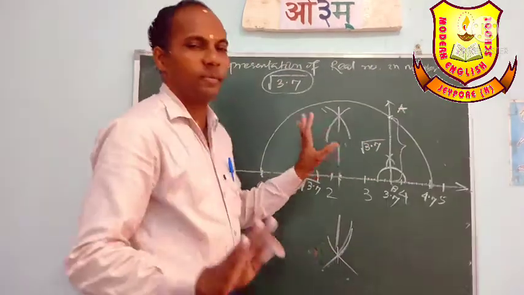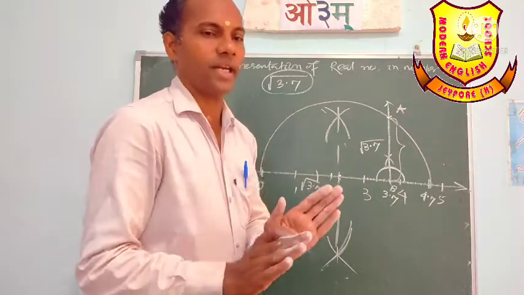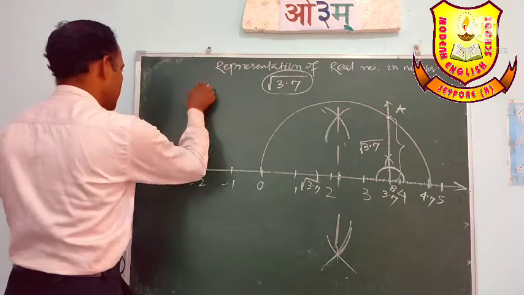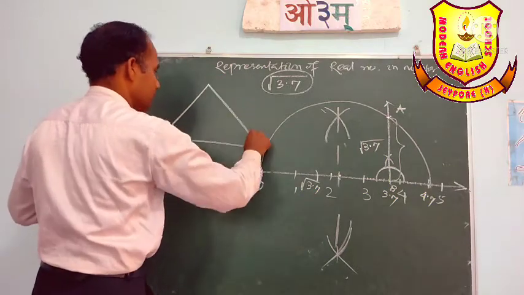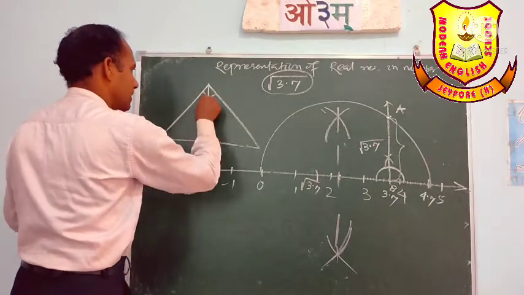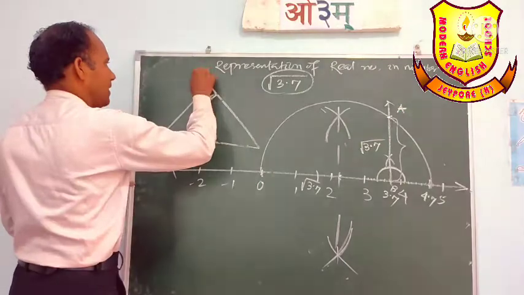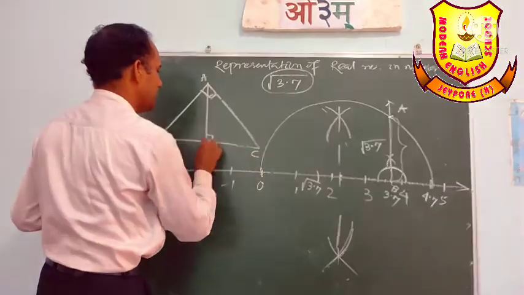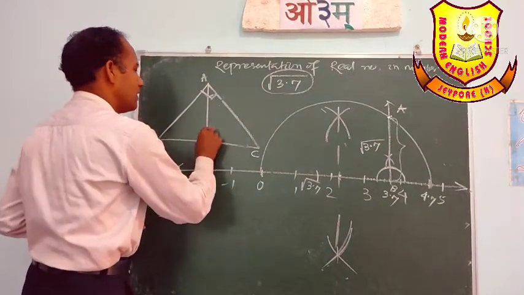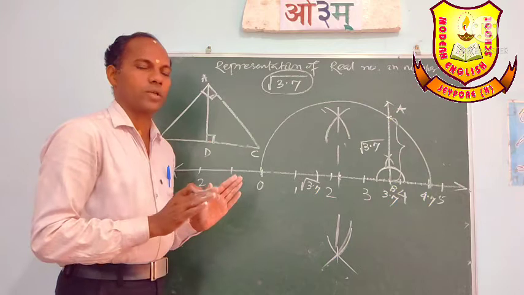The concept is based on similar triangles and that is in 10th standard. Just simply I am saying why it is. If this is 90 degree, this is 90 degree, with triangle A, B, C and D, this is 90 degree, this is 90 degree, and it is an application of similar triangles and the Pythagoras theorem.